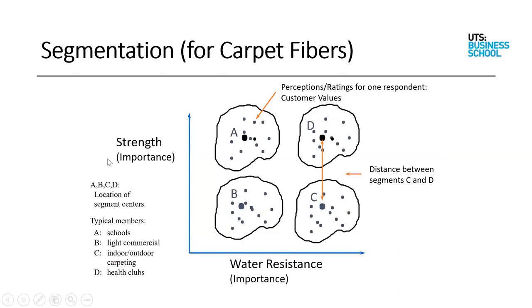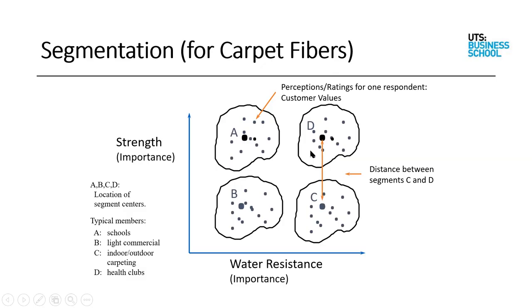So here's an example that we covered in the clustering class. This is an example on segmentation and for carpet fibers. So there are two attributes which are very important for carpet fibers. One is the strength, and the other one is water resistance. So this shows that there are 4 segments that have been highlighted, and segment A perceives the product to have high strength but low water resistance.